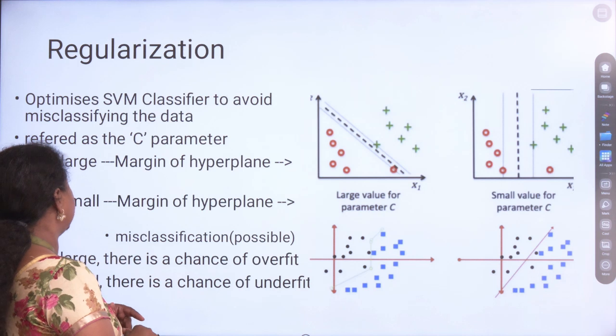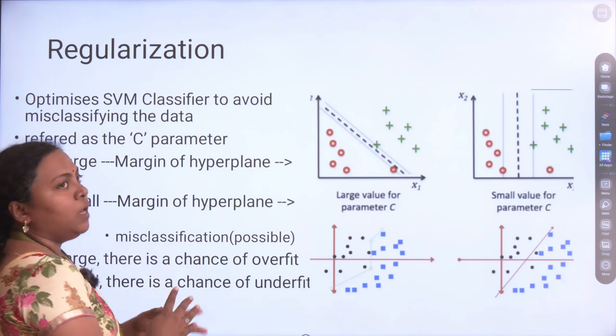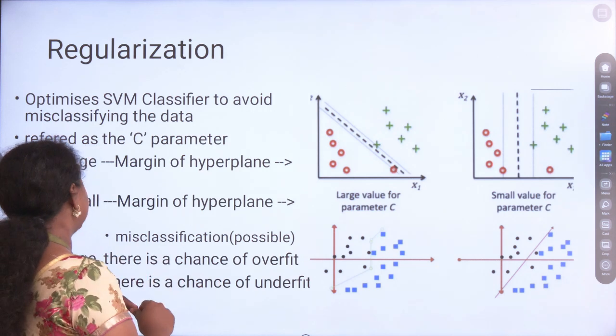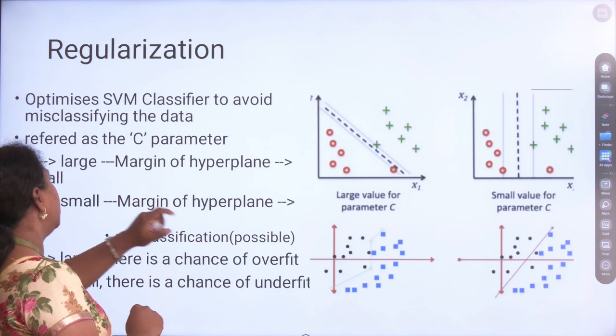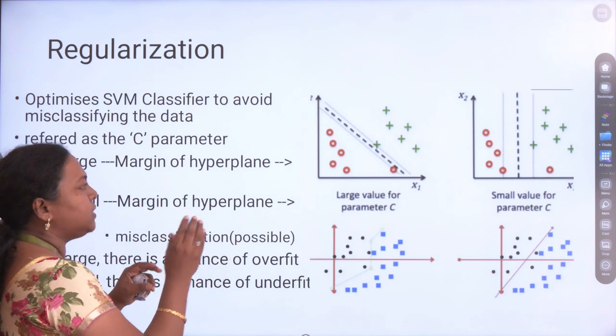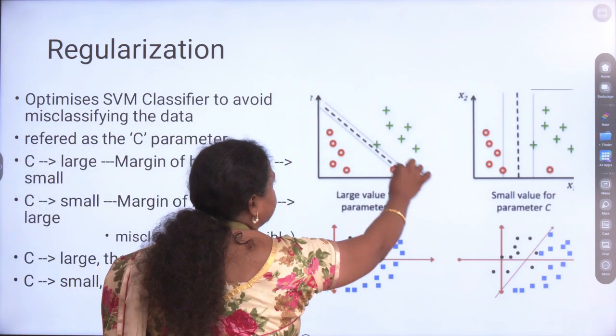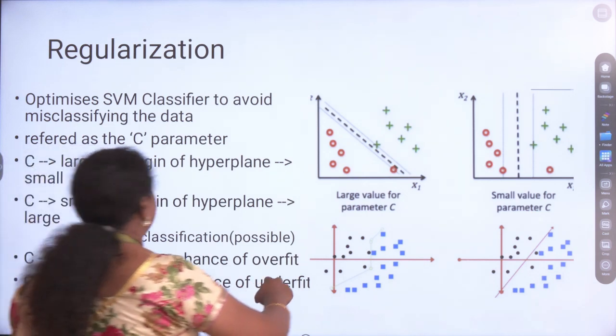Next is regularization. This helps in optimizing the SVM classifier to avoid misclassification of the data, and it is referred to as the C parameter. If the C parameter is large, the margin of the hyperplane is small. You can see here it is very small. If the C parameter is small, the margin of the hyperplane is large.